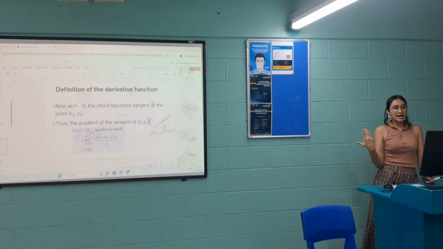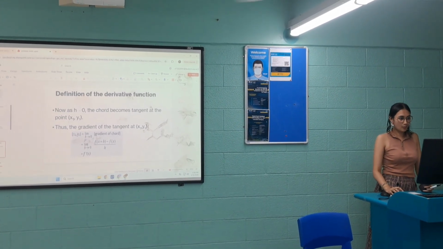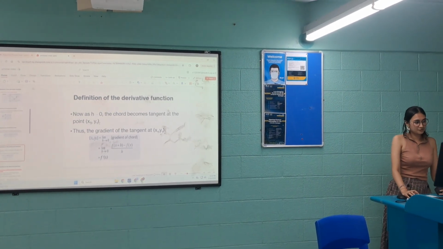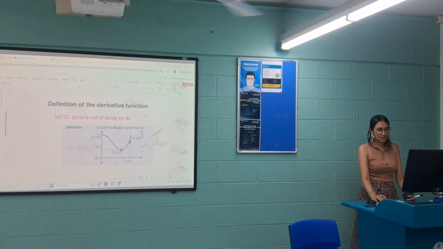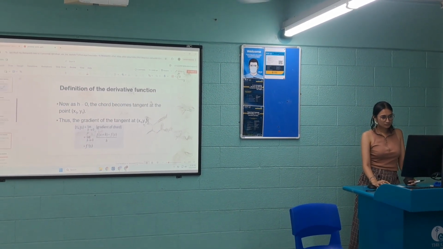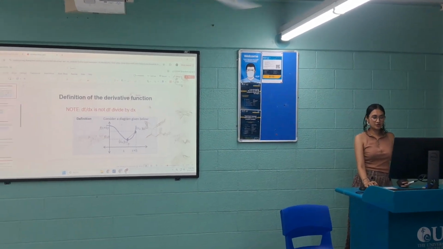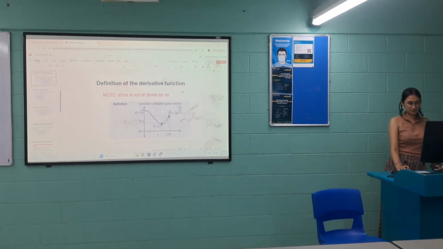Now as h approaches 0, the chord becomes a tangent at the point x1, y1. So this is our tangent, which goes from x1, y1 to x2, y2.